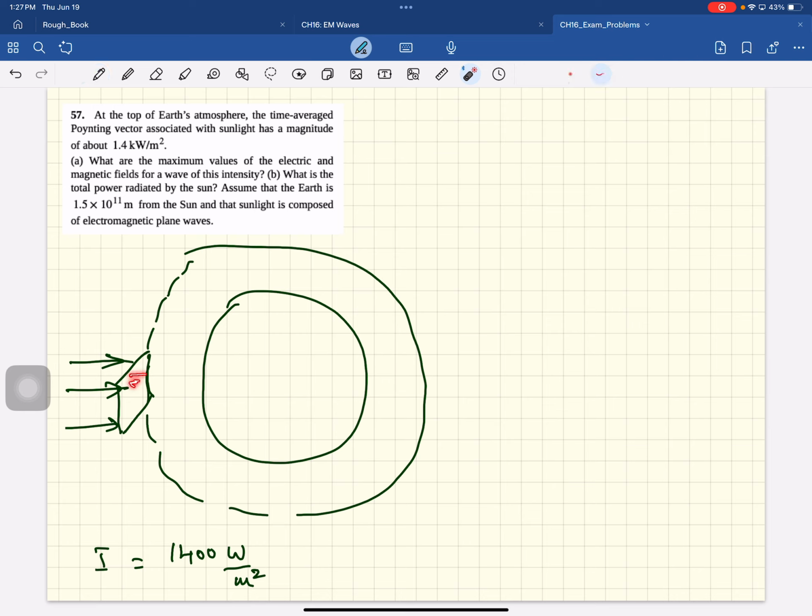So the amount of energy falling is 1400 watt bulbs lighting falling on every meter square. Here's a meter square. And well, half of it reaches the surface on the average.